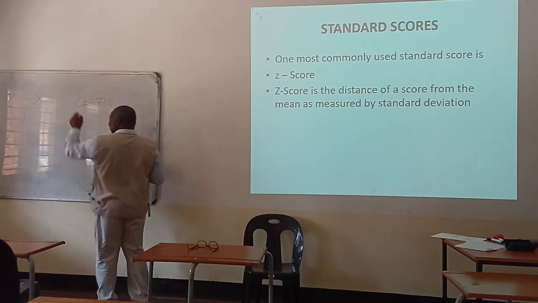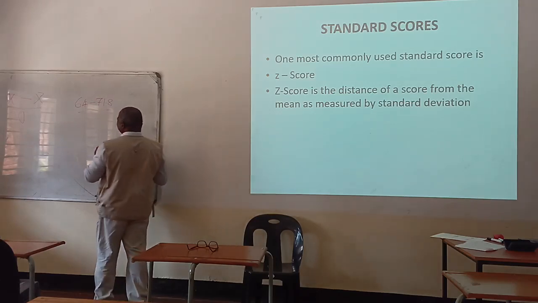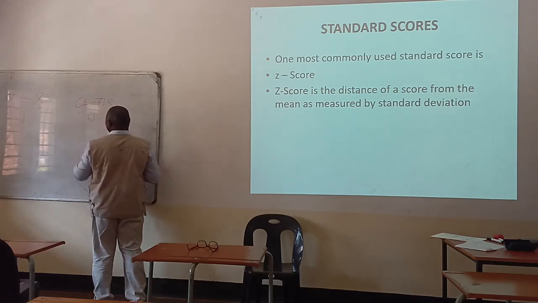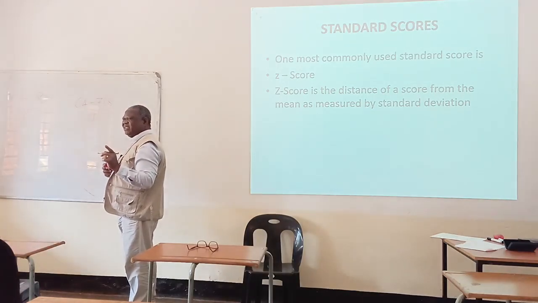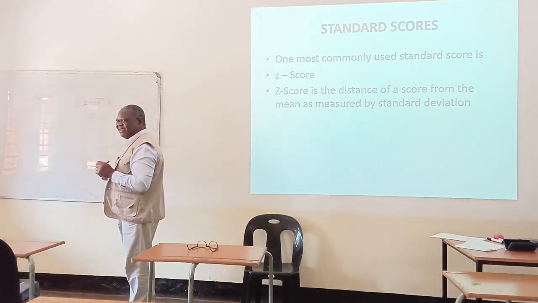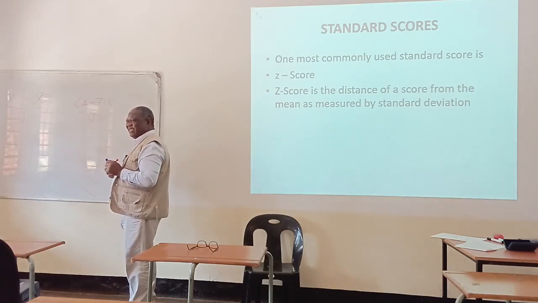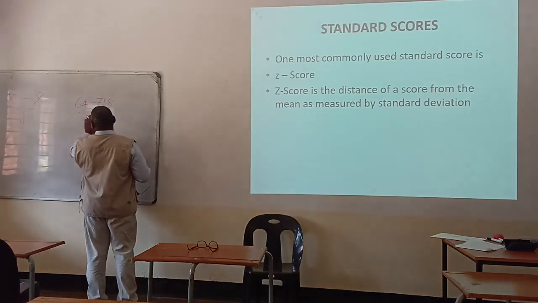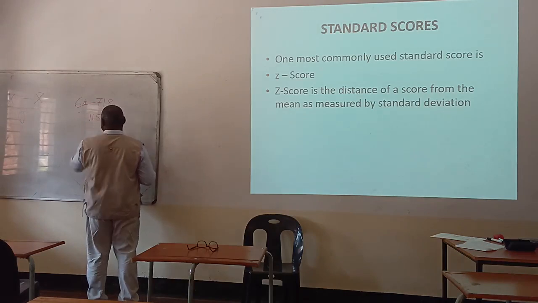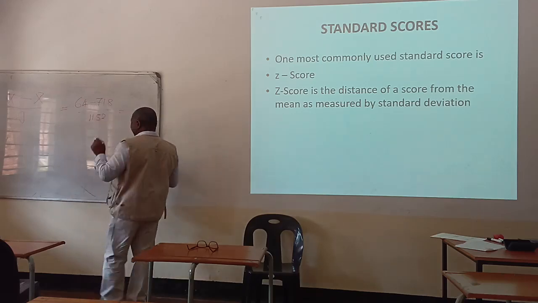So if you just take that score of 64, its standard score would be, and what did we find the standard deviation to be? It was 11 point something. So that would be the z-score for that score.